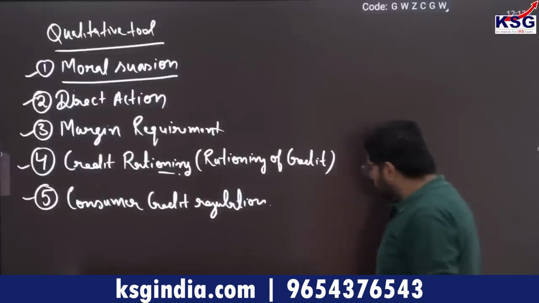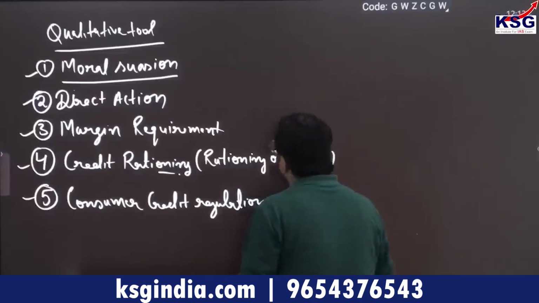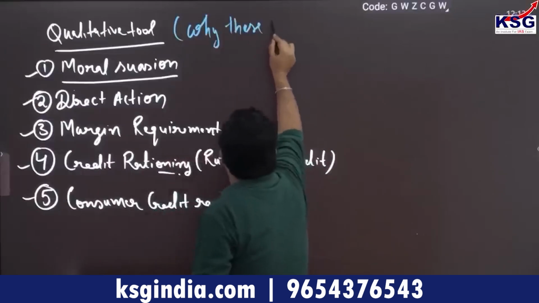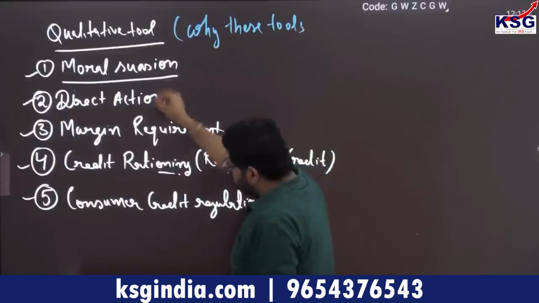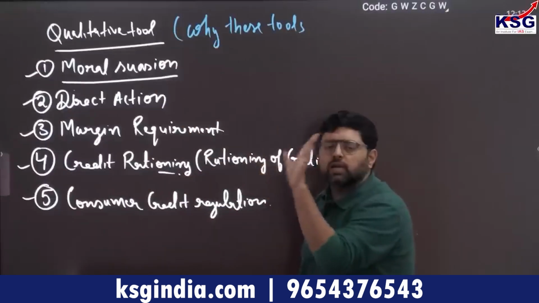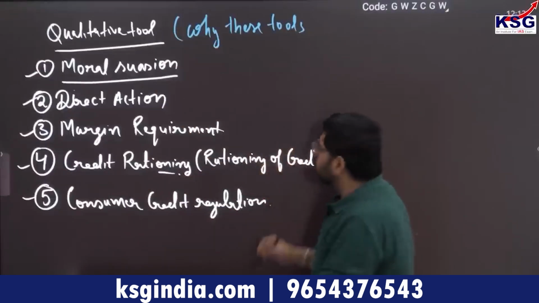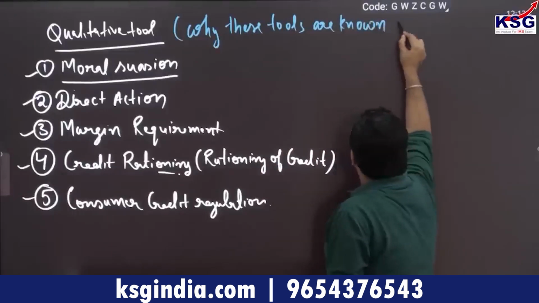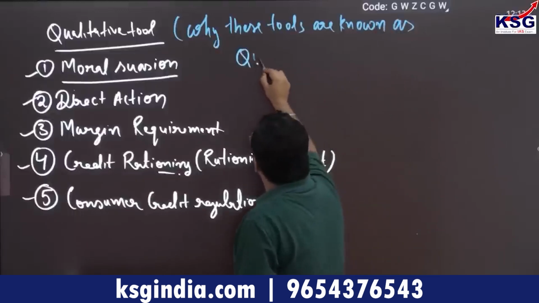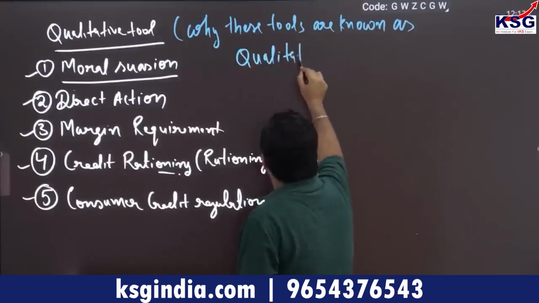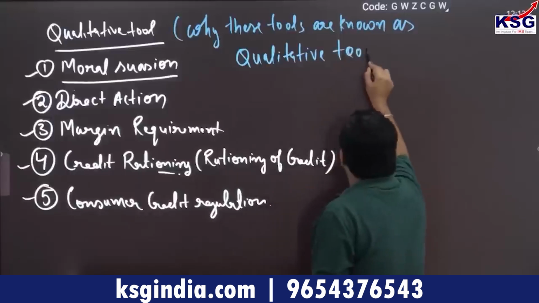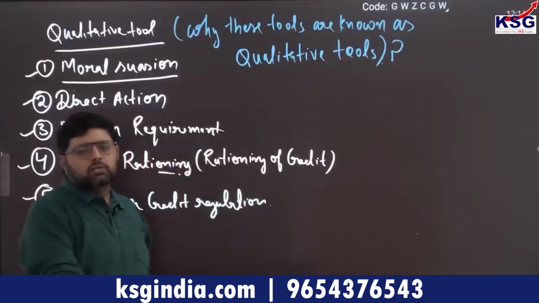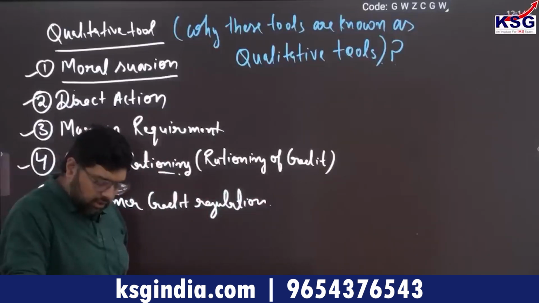Now my question to you: who will tell me why these tools, written in front of you, are known as, or recognized as, qualitative tools? Why are these tools known as qualitative tools? Clear?